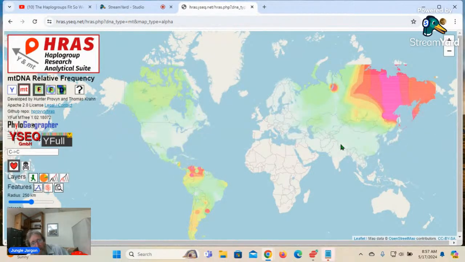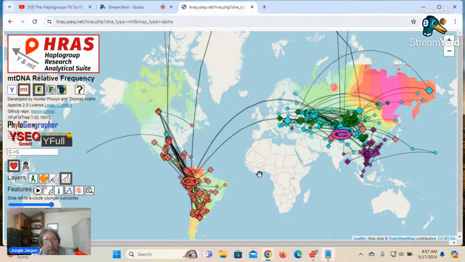So here we have the C lineage, not the Nimrod paternal lineage, but the C maternal mitochondrial lineage from the daughters, one of the daughters of Japheth. So let's go ahead and hit this thing here. And we get all the lineage pop up, and it looks strikingly familiar, doesn't it?